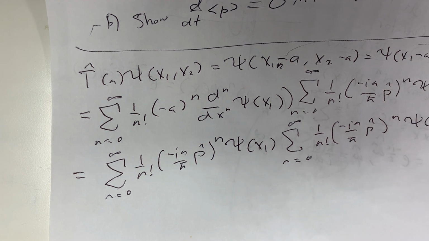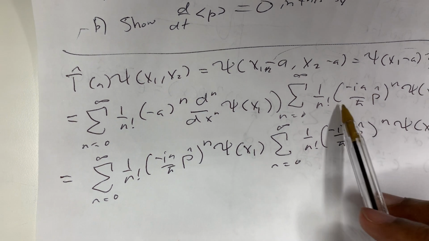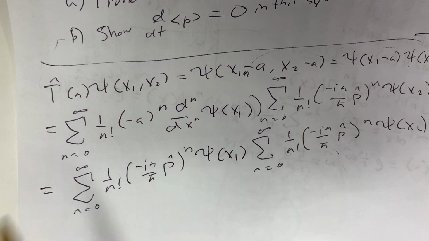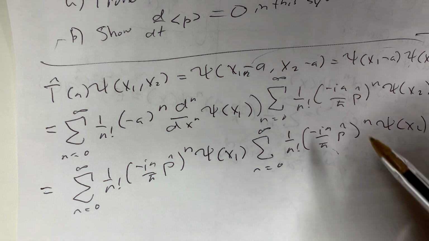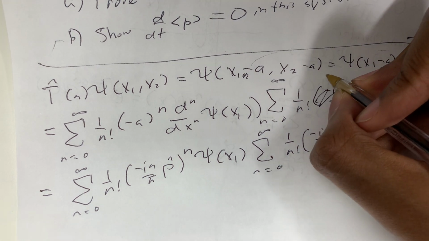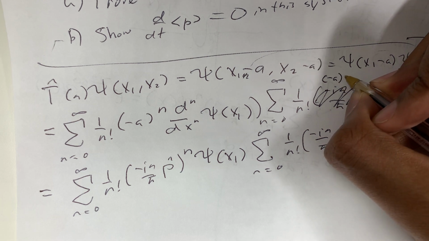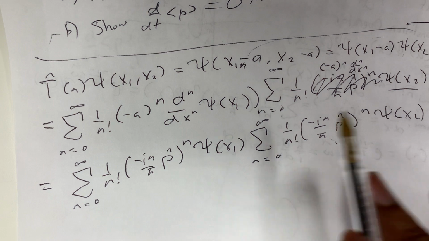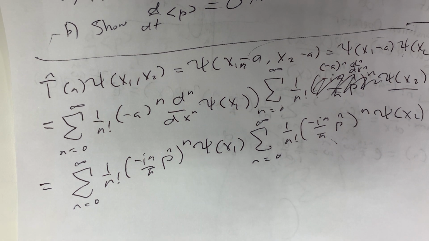Oops, I wrote this part for this part. Sorry, this part should just be minus a to the n derivative and then psi of x. It's basically the same thing. Okay, almost done.